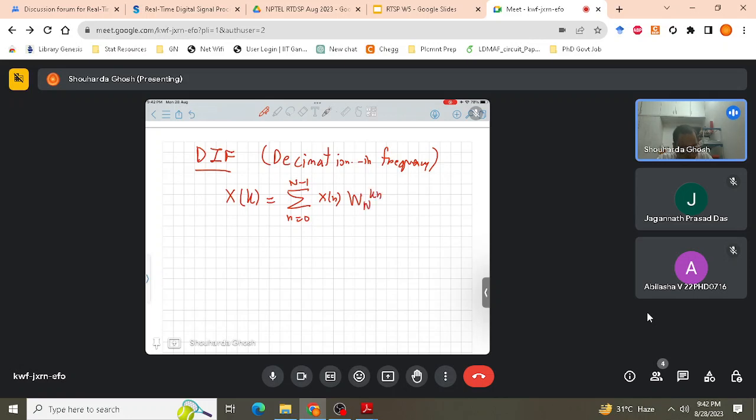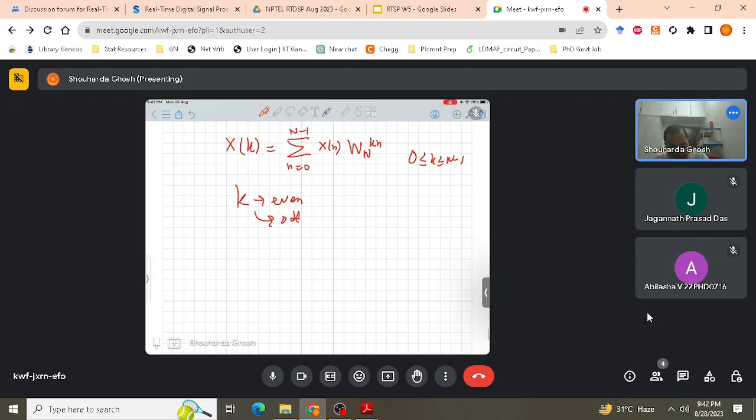I let it remain as it is. Now we know that k ranges from 0 to N minus 1. k can be even and k can be odd. Now rather than choosing the time instances x of n from even and odd, I choose the frequency domain samples X of 0, X of 2, all the way till X of N minus 2. I calculate them separately. How? X of 2l.